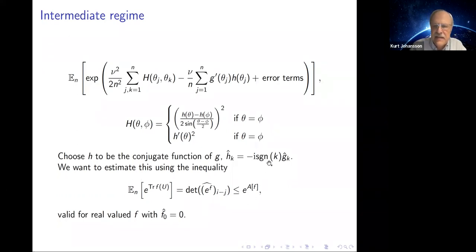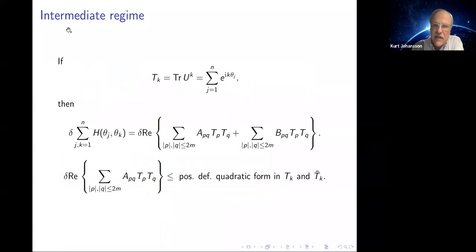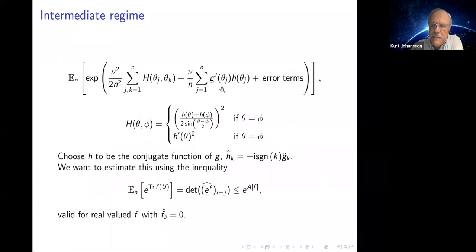So it's a good choice in that way. So you make this choice of H, and then we want to estimate this expectation. Now there's a nice fact that you can use here. If you have a linear statistic, you know that this thing here is again a linear statistic. It's just the sum over the eigenvalues, right?